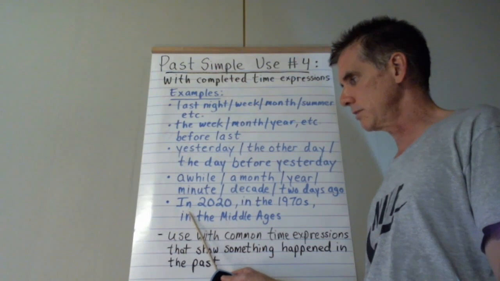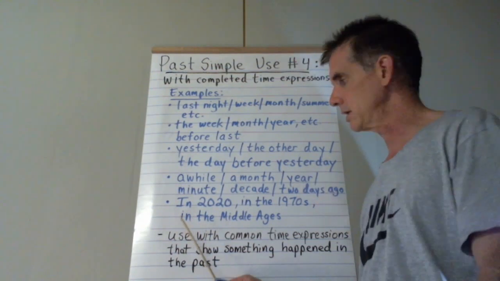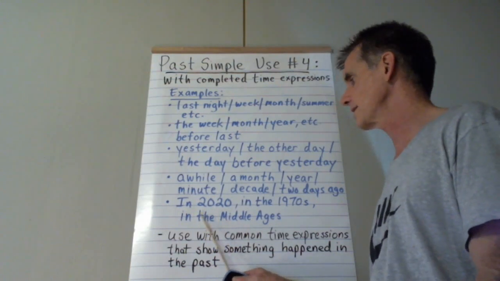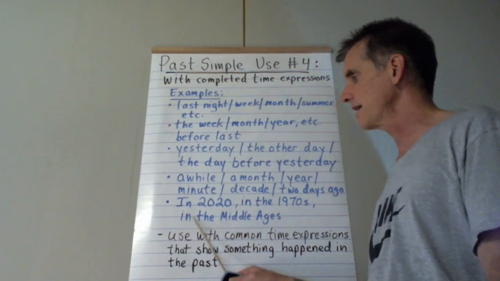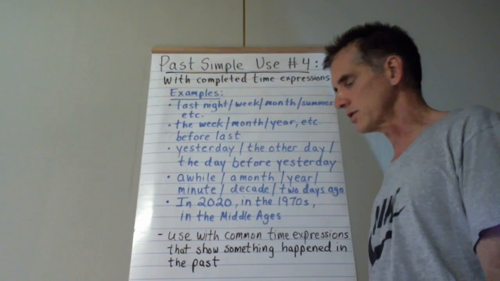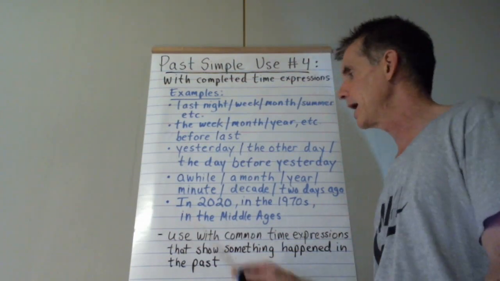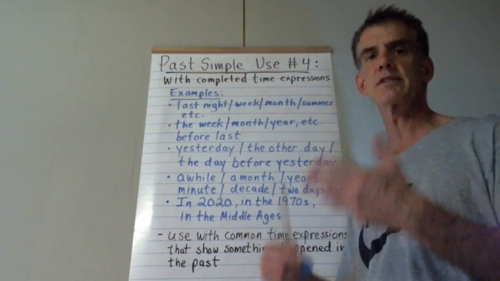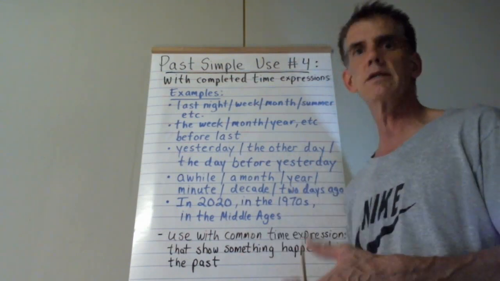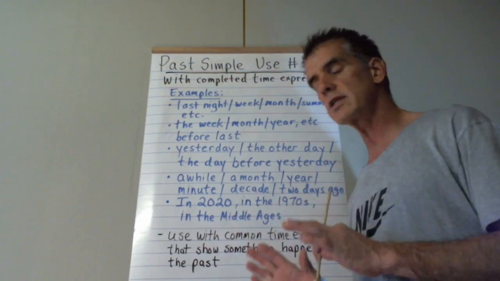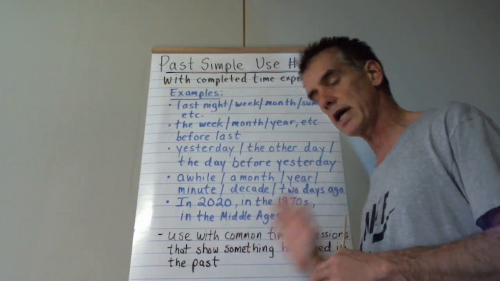The last one that I'm using in this group of examples: in 2020, in the 1970s, in the Middle Ages. So in January of 2020, and so on. In the 1970s, in the 1960s, in the 1890s, what have you. So you're using the past simple with these time expressions.